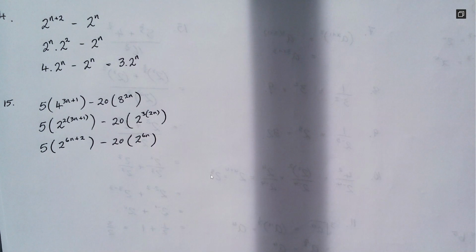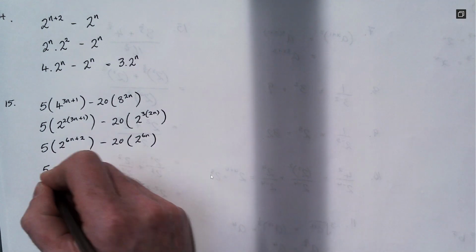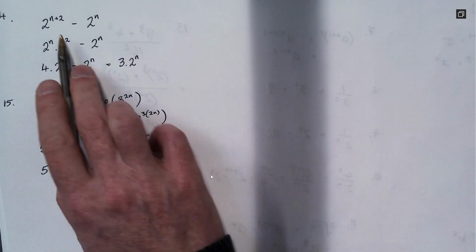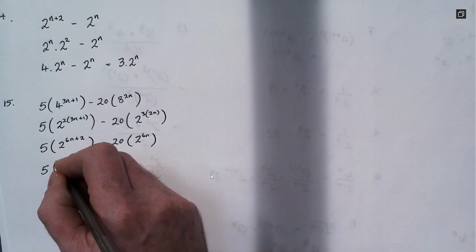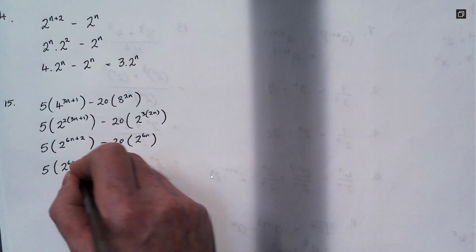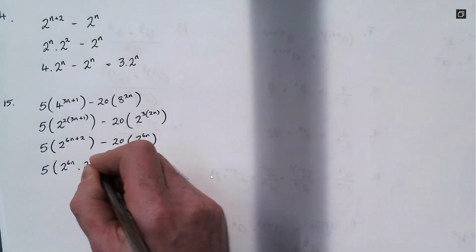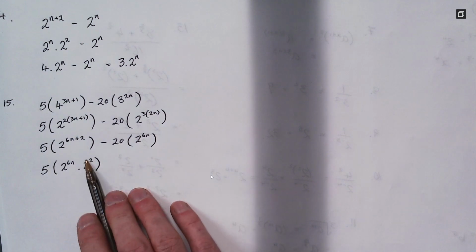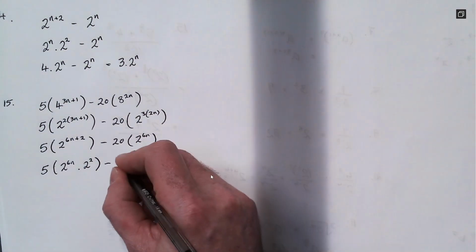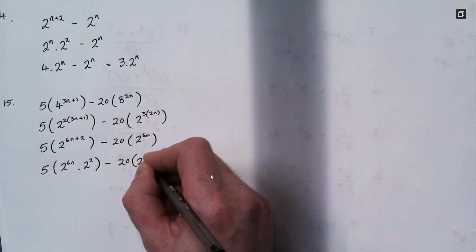Now we split this using the formula, so you have 2 to the power of 6n times 2 to the power of 2, minus 20 times 2 to the power of 6n.